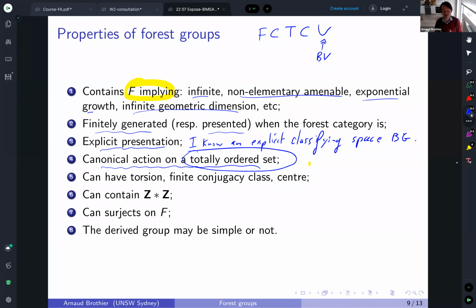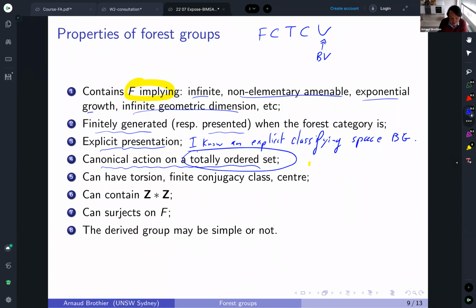I do it using Jones technology. But what is amazing is that this Jones technology works whichever is the skein relation of your forest. So it's really canonical. And there are some consequences of the existence of that action. Maybe I talk about it after.